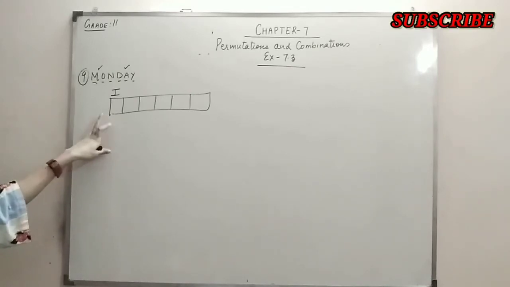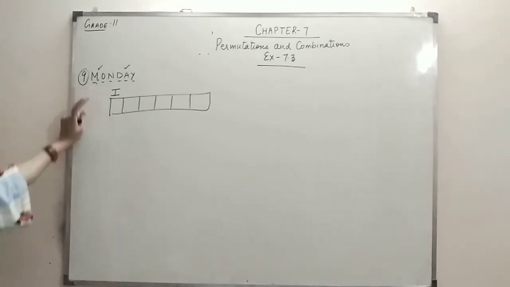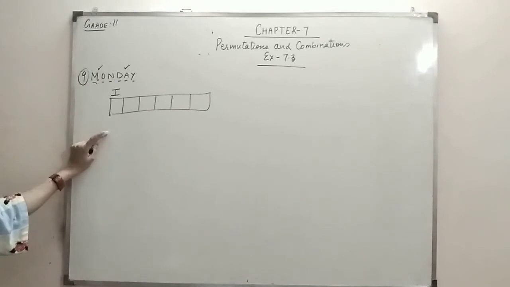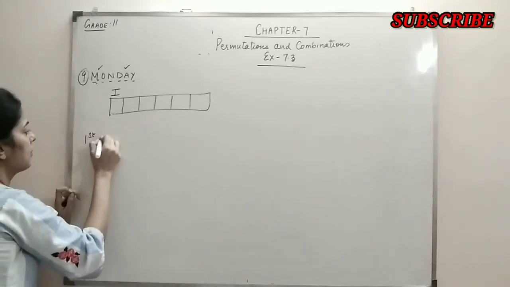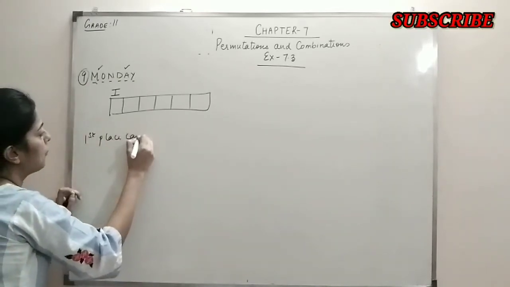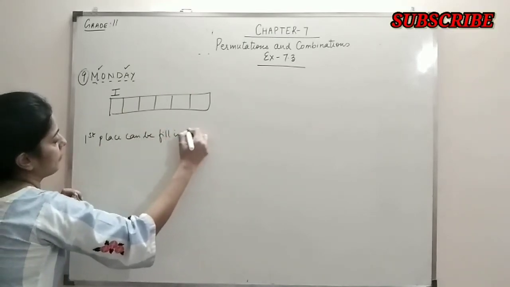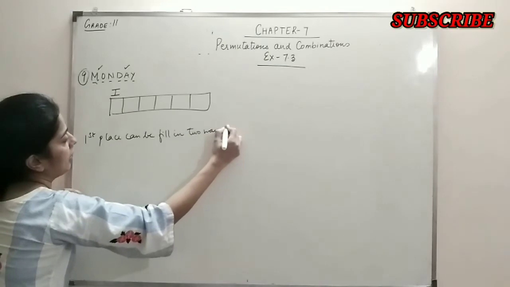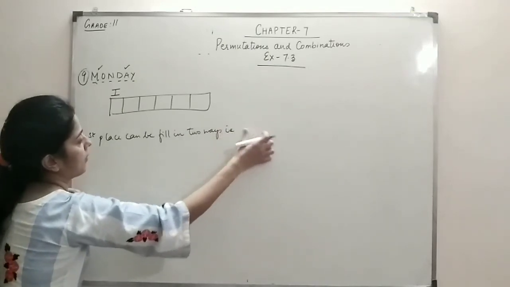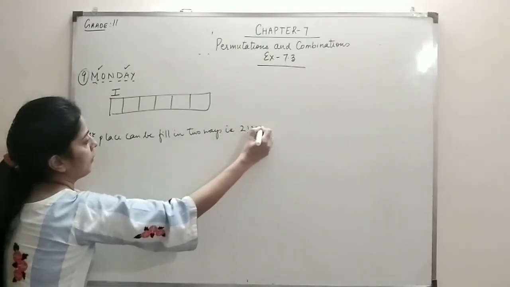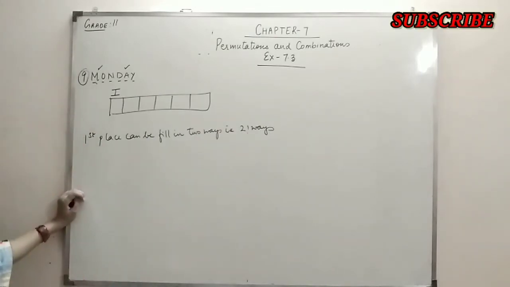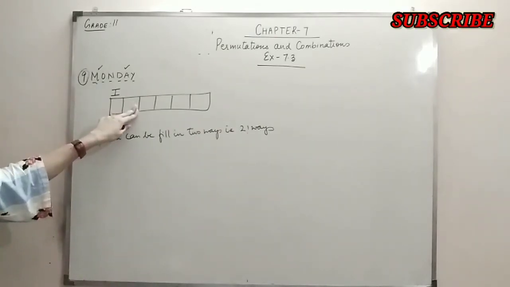Okay, so the first place can be filled by any of these 2 vowels in 2 ways. That is 2 factorial ways. Now the remaining 5 letters are there.